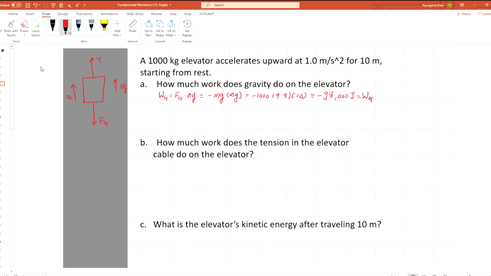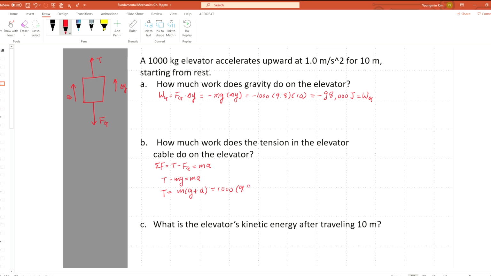B. How much work does the tension in the elevator cable do on the elevator? We can easily write the sum of forces as tension minus the force of gravity, which causes the elevator to accelerate upward. So here we have tension minus mg equals ma. So tension is m times g plus a, which is 1,000 times 9.8 plus 1.0.